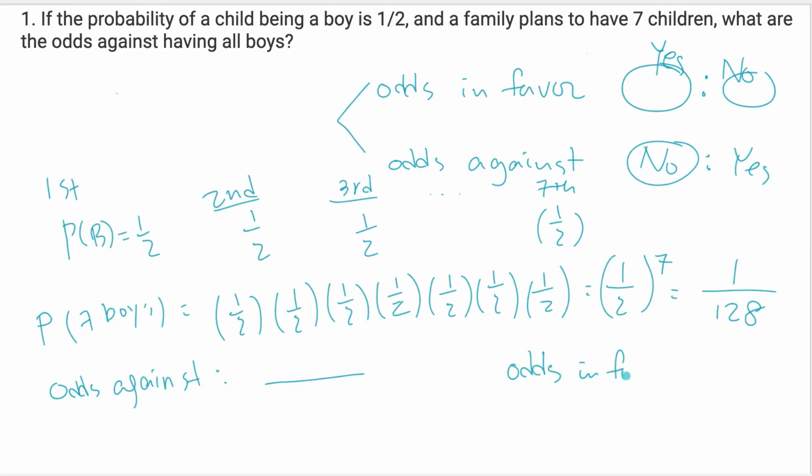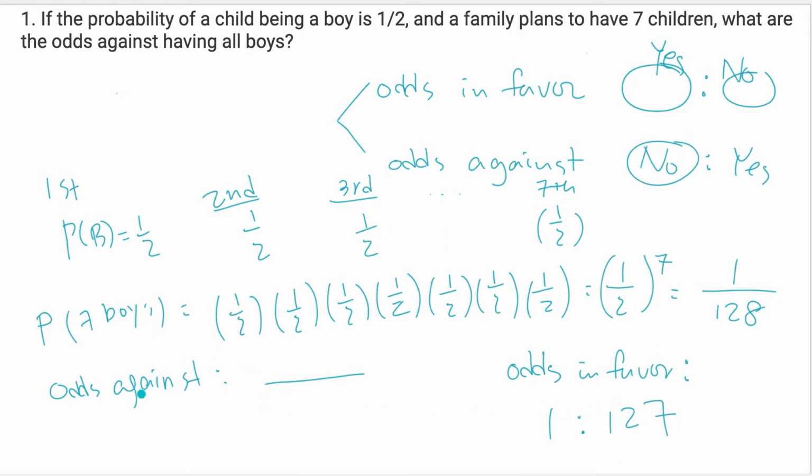Odds in favor, having all 7 boys in a straight row should be like this. Out of 128, only one time you can have all 7 boys in a straight row. But the other 127, this is not gonna happen, right? So odds in favor should be 1 to 127.